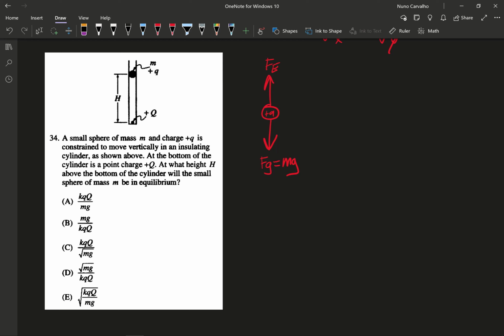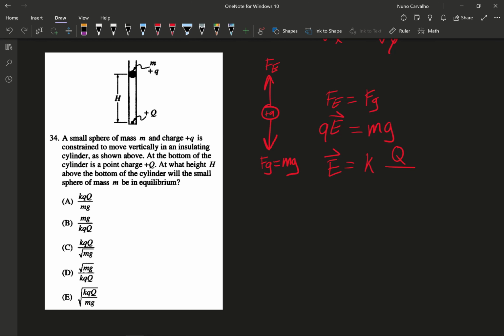So if it's going to be in equilibrium here, then that must mean that F of E is equal to F of G, which is to say that Q times the electric field E is going to be equal to mg. And then this electric field vector is going to be given by K times big Q here, because it's being produced by this charge right here, over R squared, right?